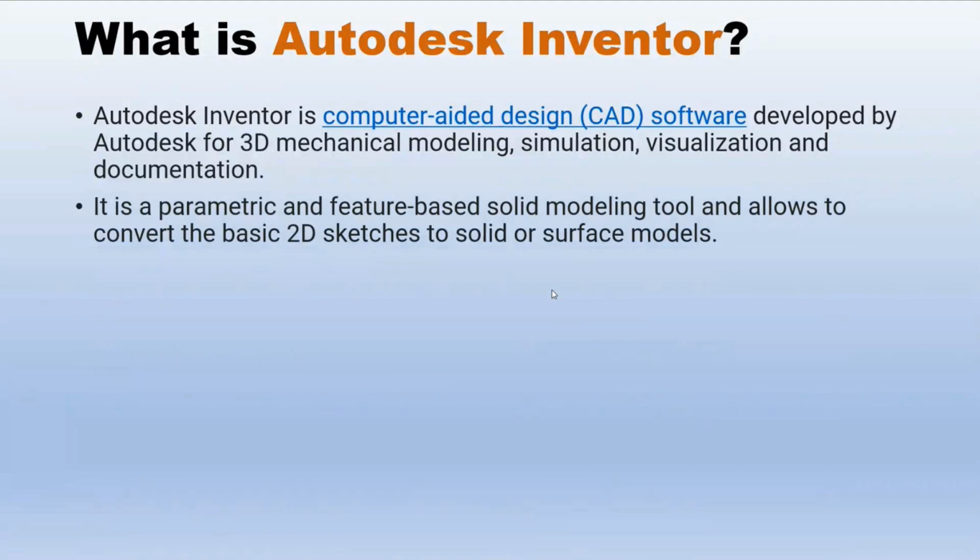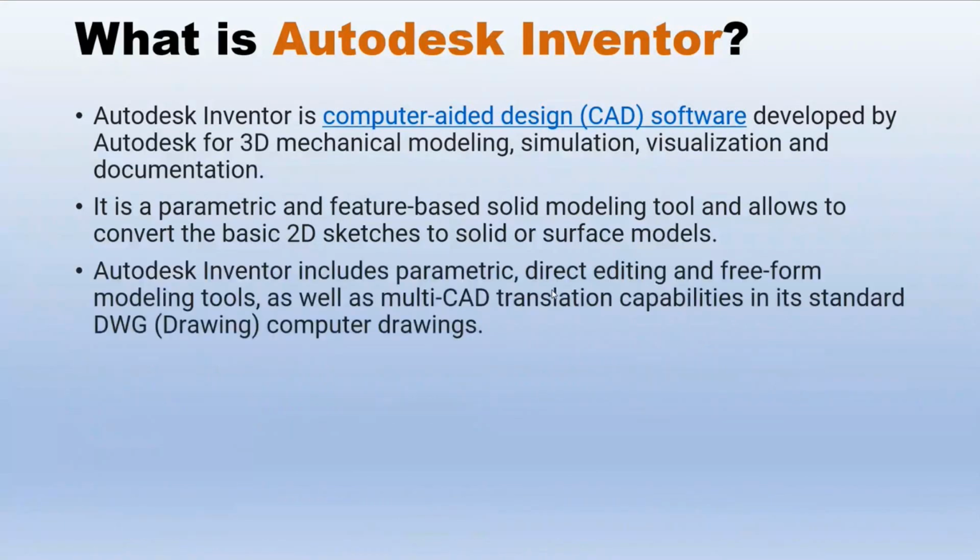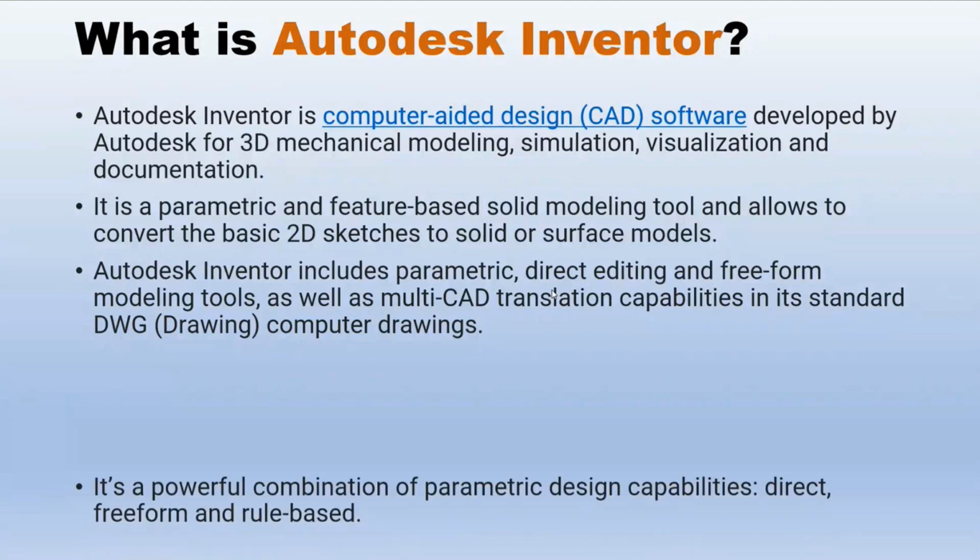This application is parametric, feature-based solid modeling, so it allows you to convert 2D sketches to a solid or surfaces model. By using Autodesk Inventor, you can make a parametric relationship. You can make direct editing from free-form modeling. And during the next slides, inshallah, we will discuss that in detail.